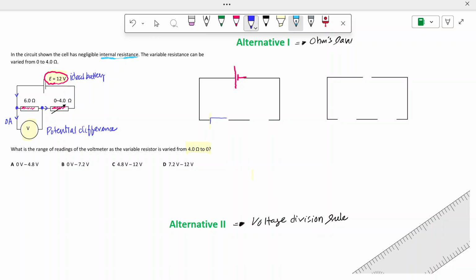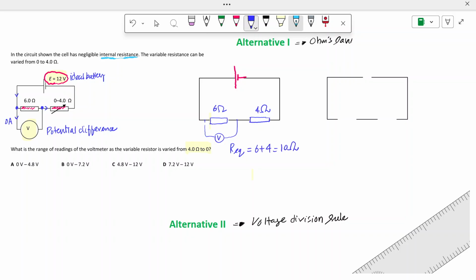So this is the fixed resistance, 6 ohms, and let's say when the variable resistance is maximum, which is 4 ohm, what will be the reading of the voltmeter? How can you know that? If you find the equivalent resistance first, because I said we will solve it with the help of Ohm's law, that is the sum of these two. So 6 plus 4, that is 10 ohms.